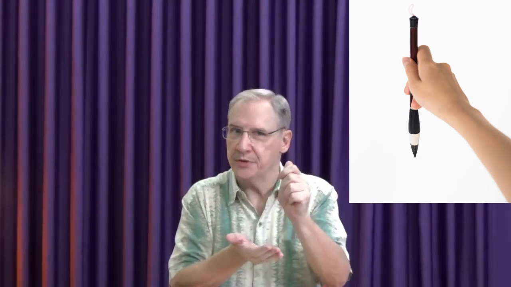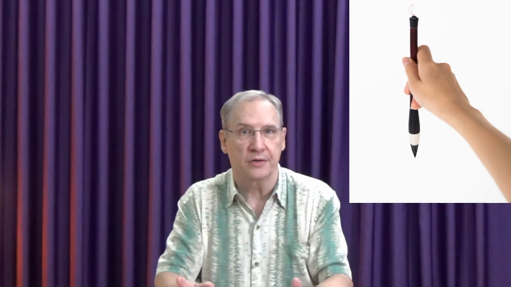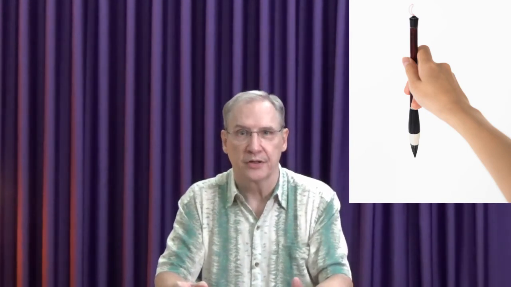It depicts a hand holding a writing brush and inscribing on some object, which, in the modern character, now looks like a simple square. This square is part of the phonetic component, which we will talk about in a future lesson.